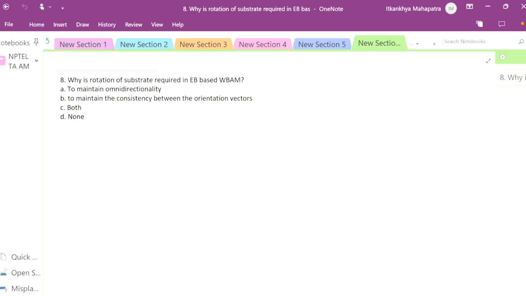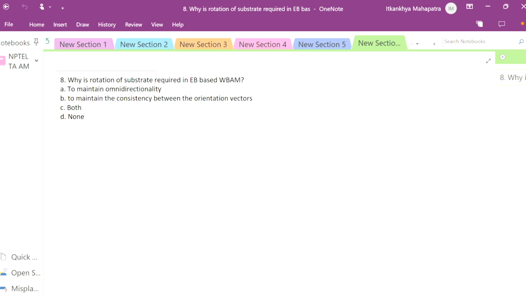Why is rotation of substrate required in electron beam based metal additive manufacturing? Electron beam based methods have various challenges like residual stress and distortion, surface finish, need of support material, evaporation of alloying element material, and we have to maintain omnidirectionality, that is dynamic adjustment of the substrate. To fulfill this omnidirectionality, rotation of substrate is required.